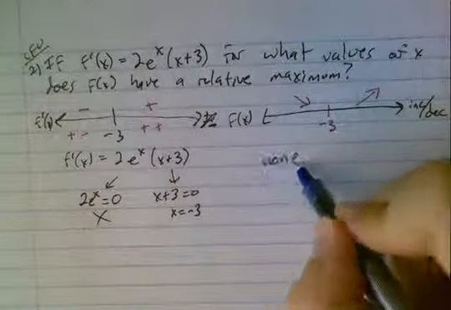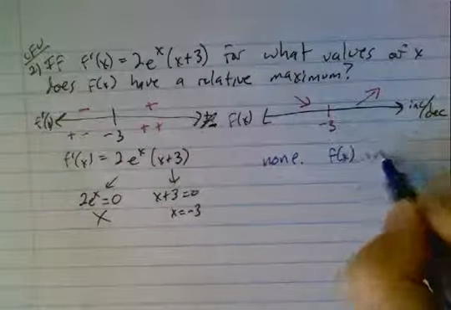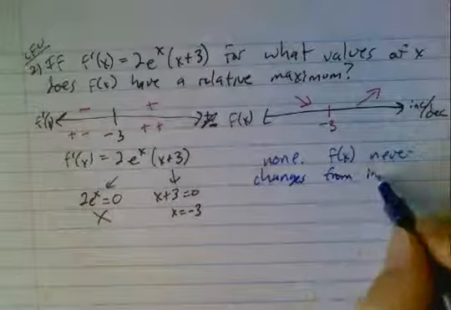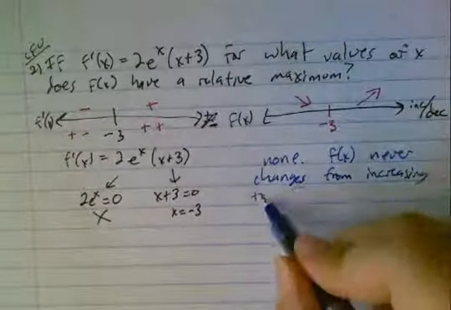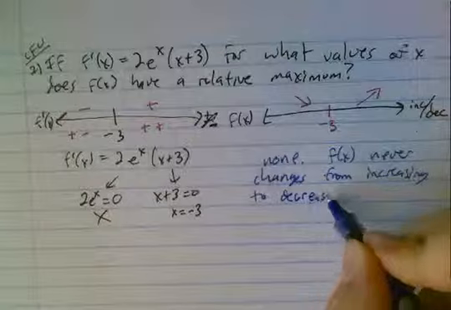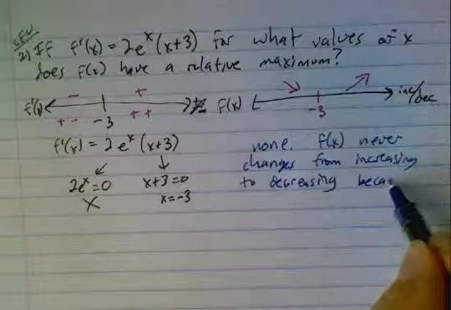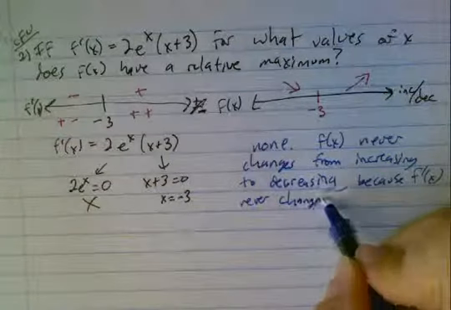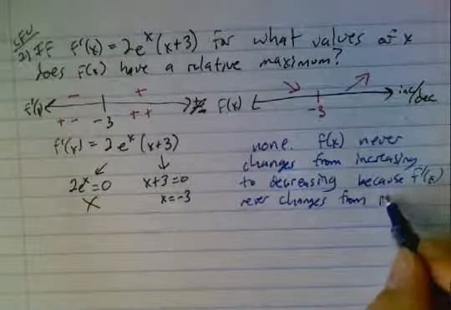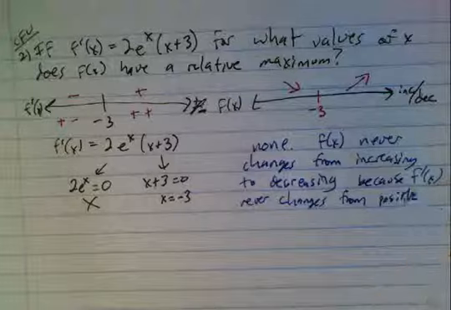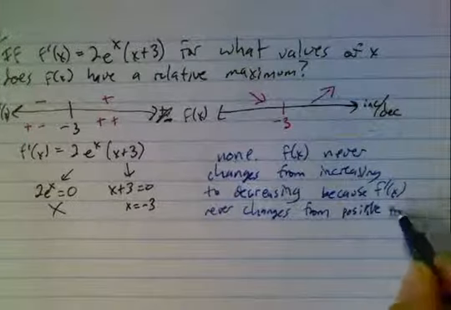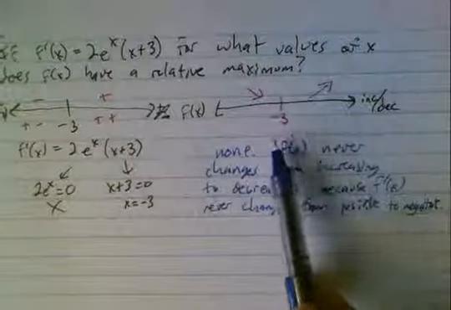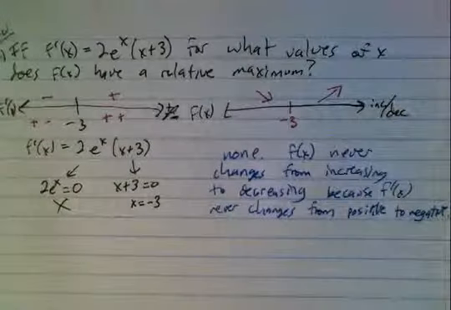None. f of x never changes from increasing to decreasing, because f prime of x never changes from positive to negative. Now, if it asked for a relative minimum, it would be at -3. But in this case, there's no relative maximum. That happens sometimes.